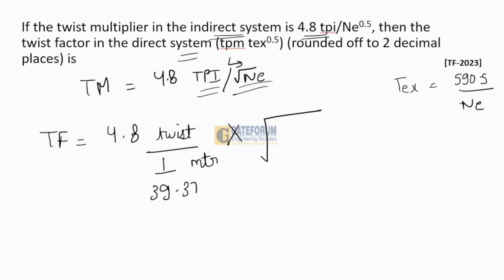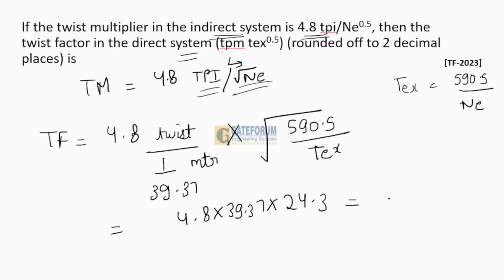Then how do we convert this? NE is 590.5 upon tex. So if we solve this, it would come out to be 4.8 into 39.37 into under root of 590.5, which is 24.3.